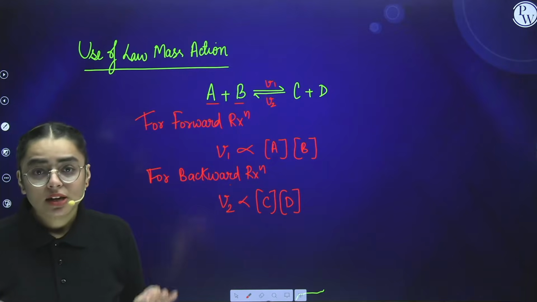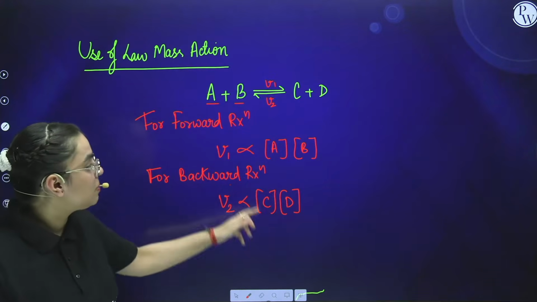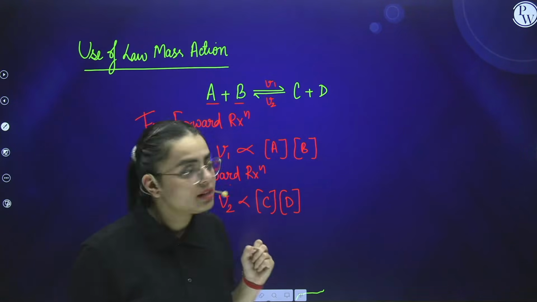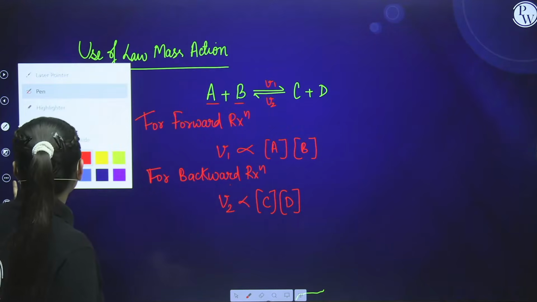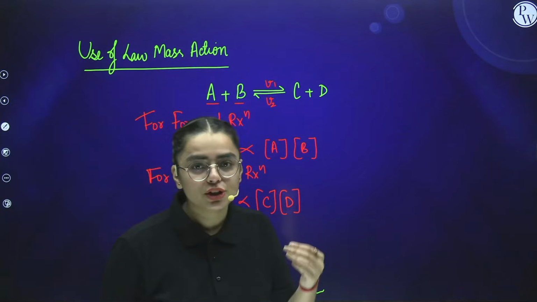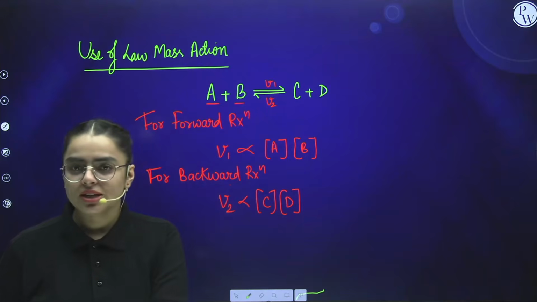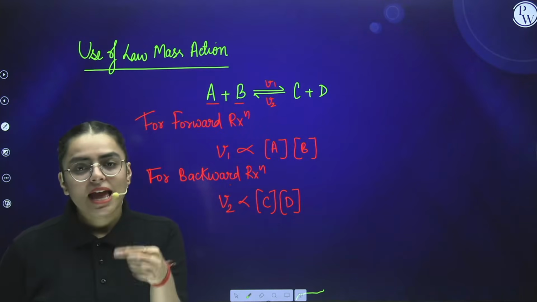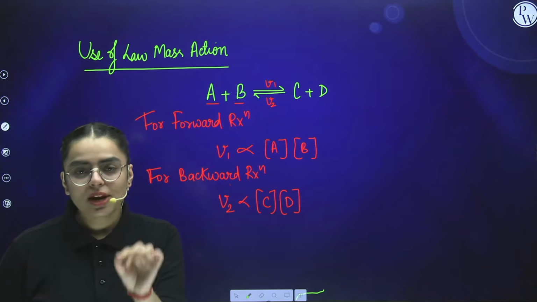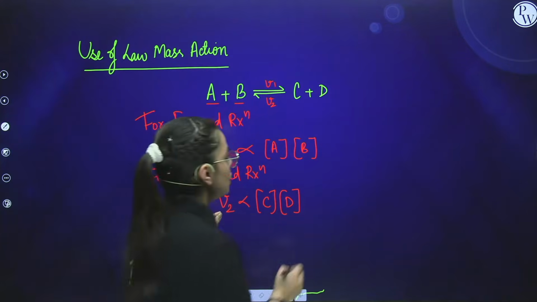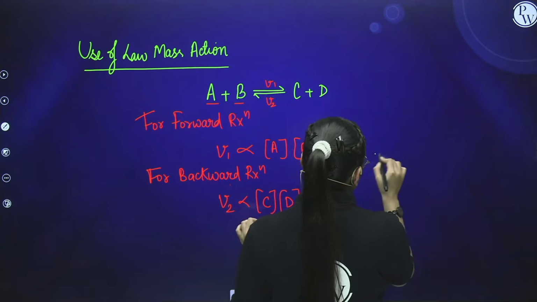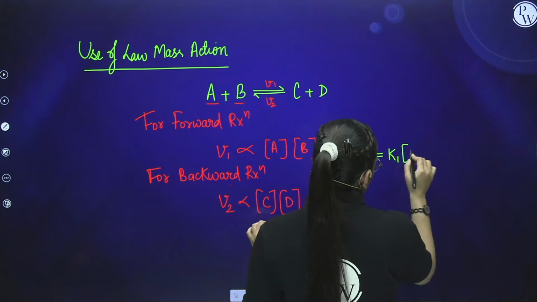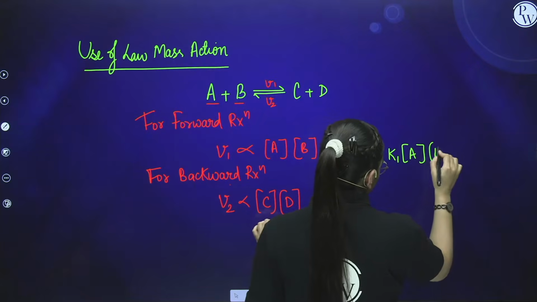Is it clear? Now what we are going to do is replace these directly proportional signs. When I replace this proportionality sign, I introduce K1 as a constant for V1, and K2 as a constant for the backward reaction V2. So V1 equals K1 into [A] into [B].